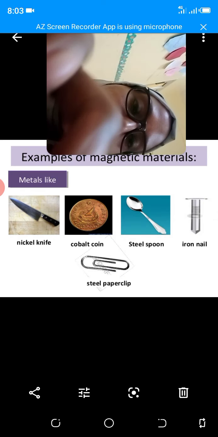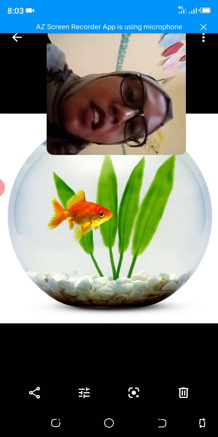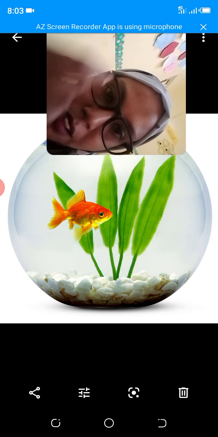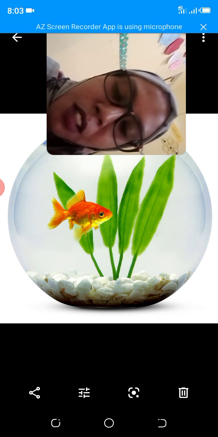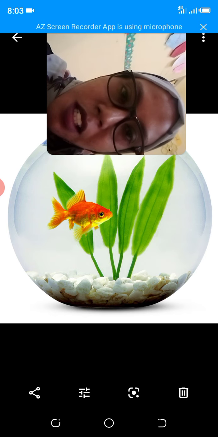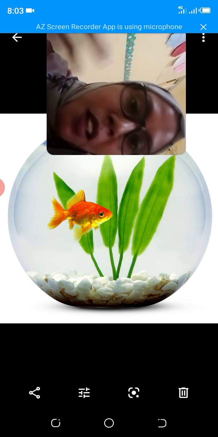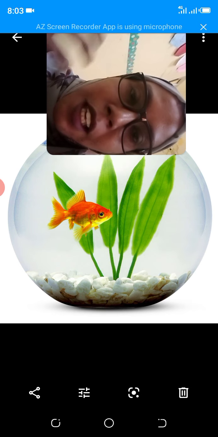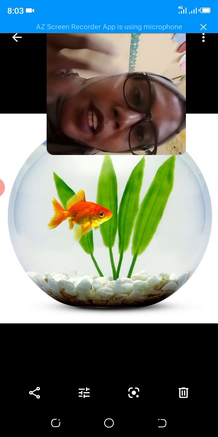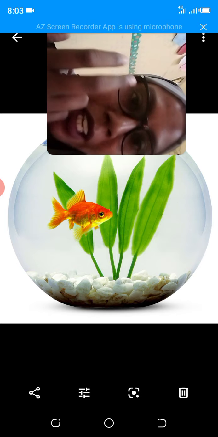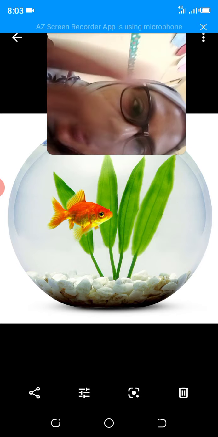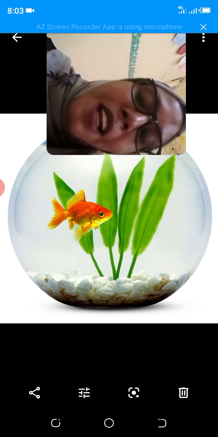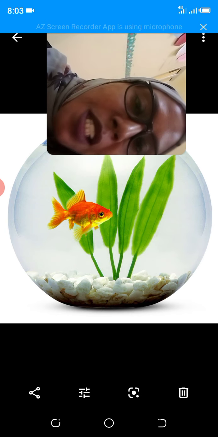Okay, just like this glass. Also my lenses are made of glass. I can see through them, so most of the light can pass through this material. Glass is transparent material.